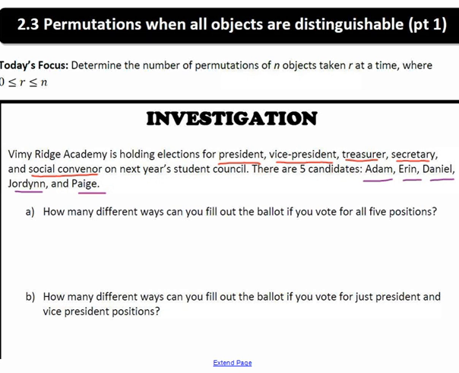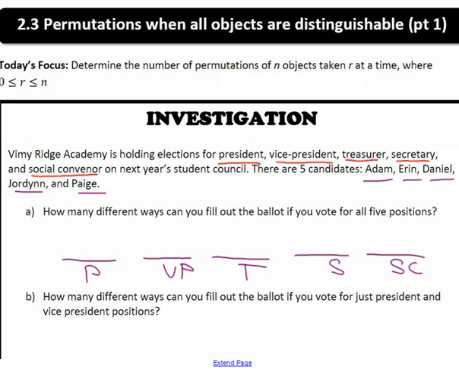So a ballot is passed out to you, the student, right? And you get to vote. And in your ballot, there'll be 5 spaces. The first space will be who you want for president. The second, vice president, treasurer, secretary, social convener.